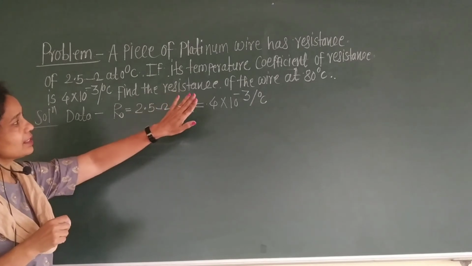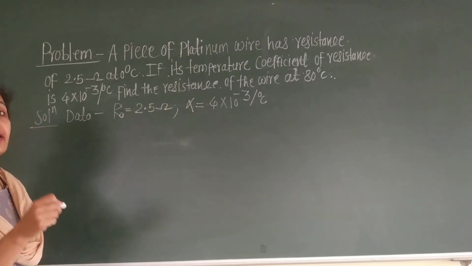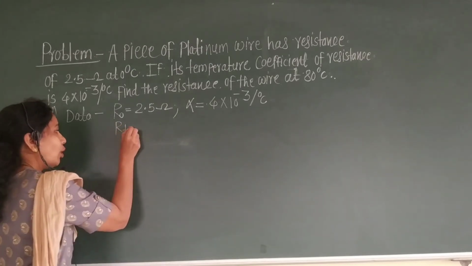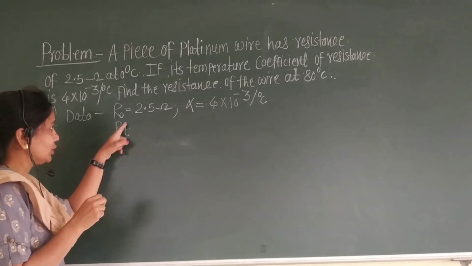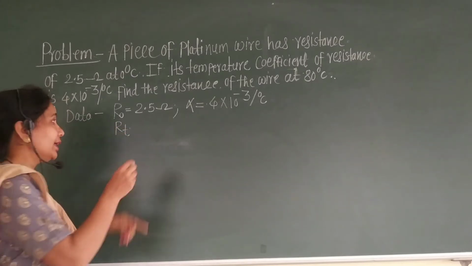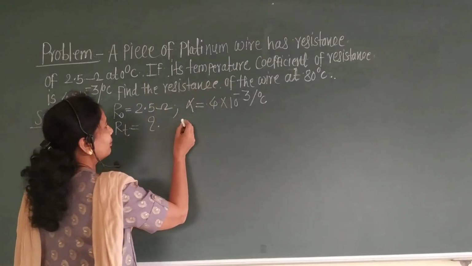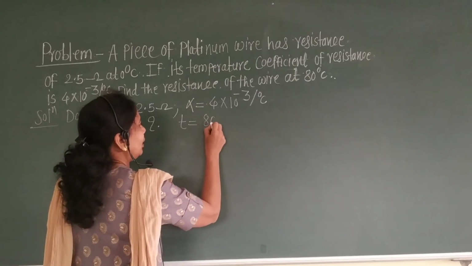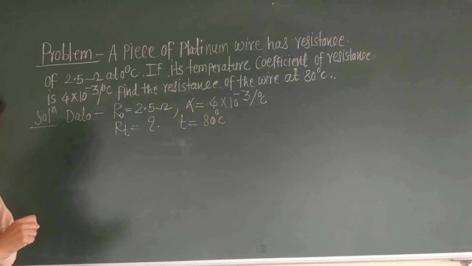Find the resistance of the wire at 80 degree Celsius. We have to find the value of resistance at 80 degree Celsius temperature. Therefore, T is equal to 80 degree Celsius. Then which formula is used?